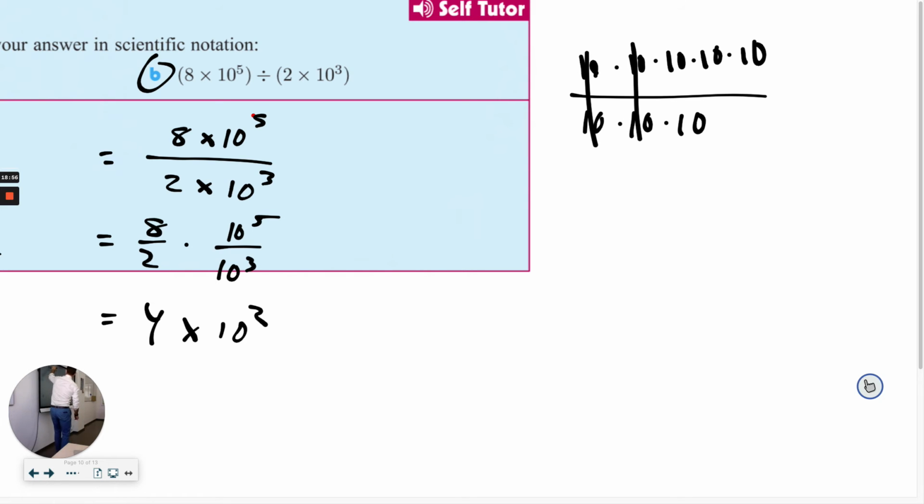Like 1, 1, 1, 2 left over. Cool. That's what we did yesterday. So you can't subtract. Well, because it's still this thing times that thing. Okay, and this multiplication is still here, so you can kind of leave it like that if you like.